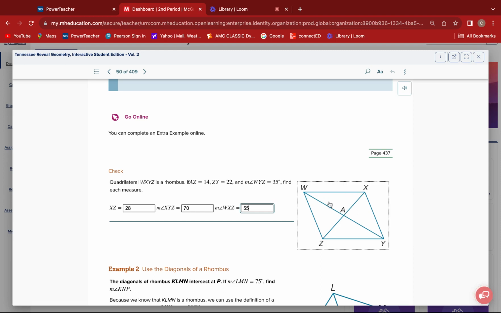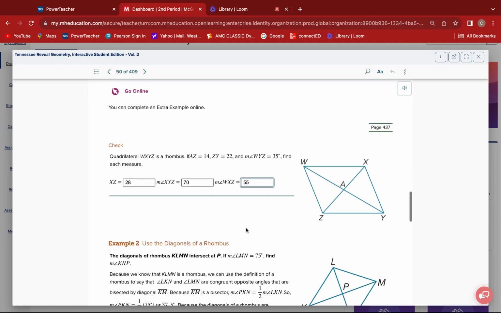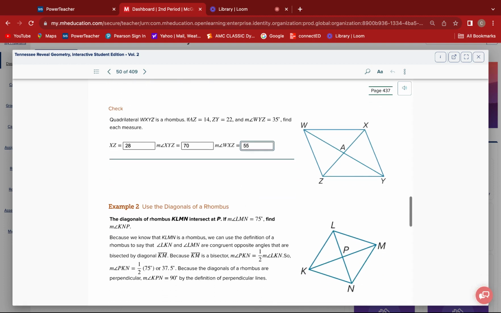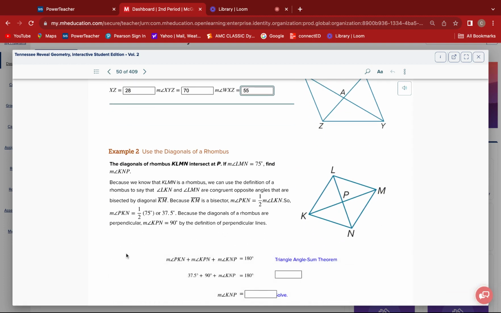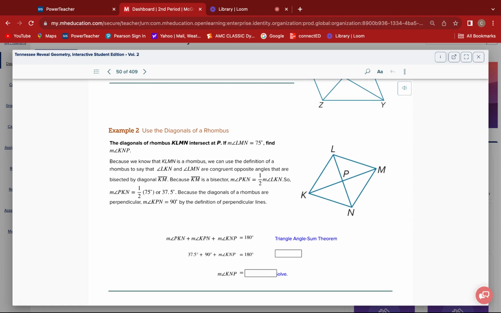So add up your 90 and your 35 together, subtract that from 180, and you will get the same answer I got, 55. So there's another way to work it if that's what you want to do. Doesn't really matter which way you work it, you get the same answer regardless.